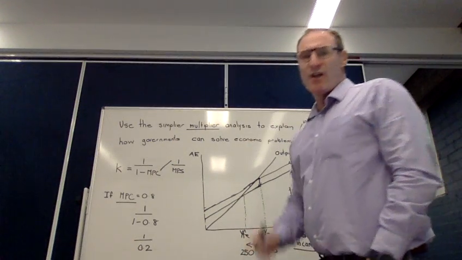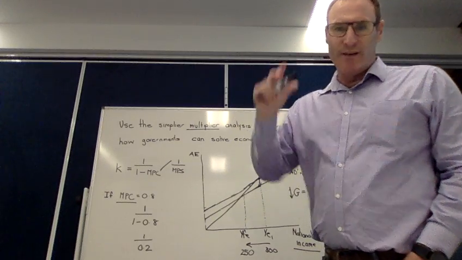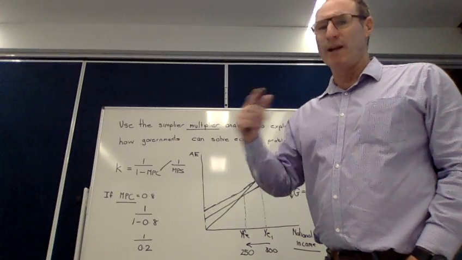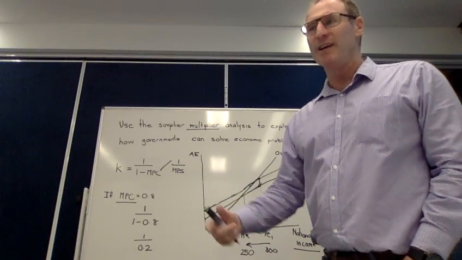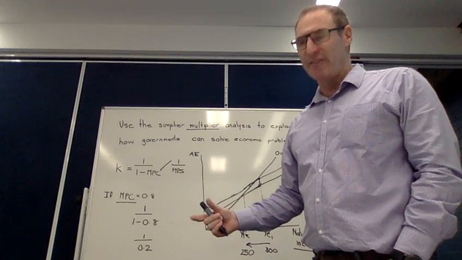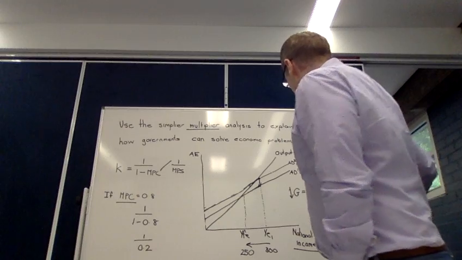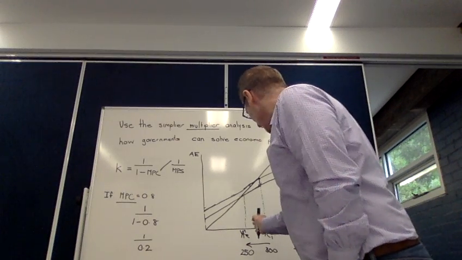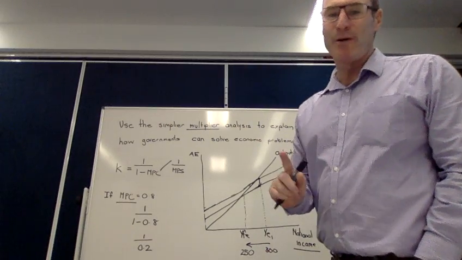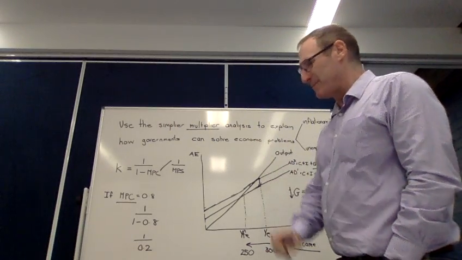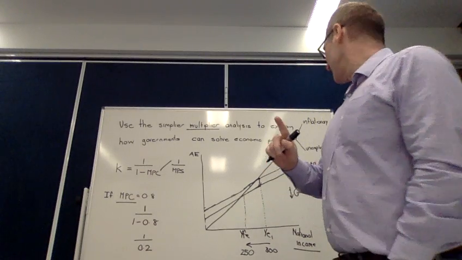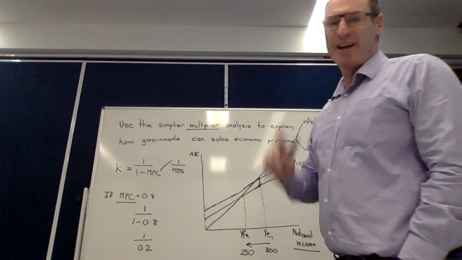They just have to put in a certain amount and let the multiplier do its trick through those multiple rounds of spending. They would increase government spending to get rid of a deflationary gap and decrease government spending to get rid of an inflationary gap.